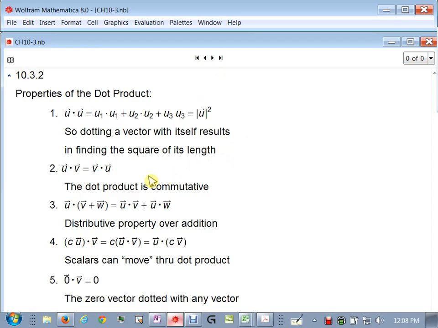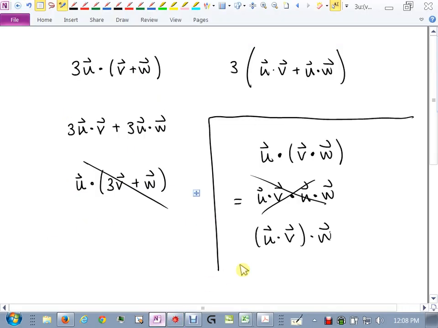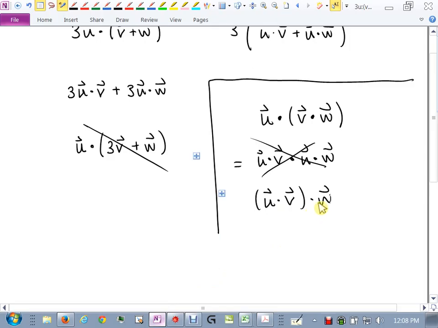Is the associative property here? This is kind of like it, right? But this was with the scalar, wasn't it? So I haven't given this property to you. It makes sense that it would work that way, but you would have to prove it's true. I'll leave it to you as an exercise. Let's make that a little bonus, okay?